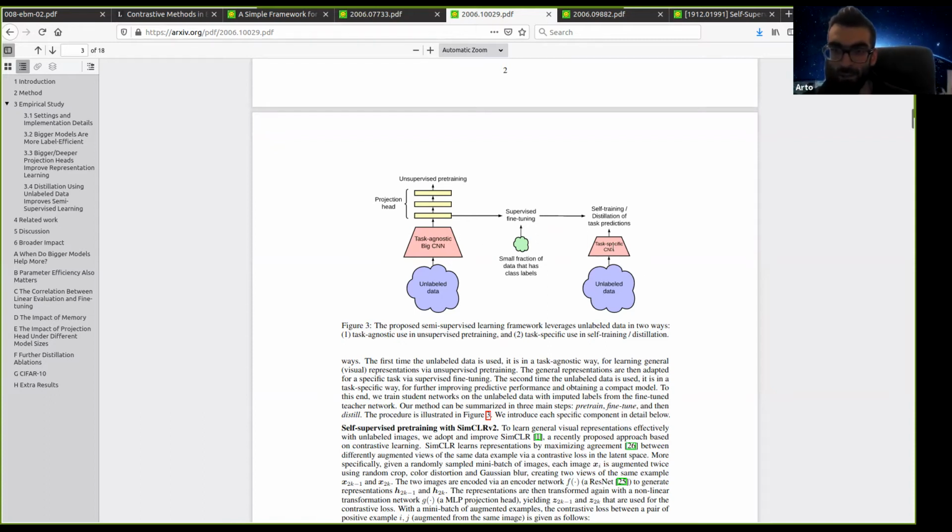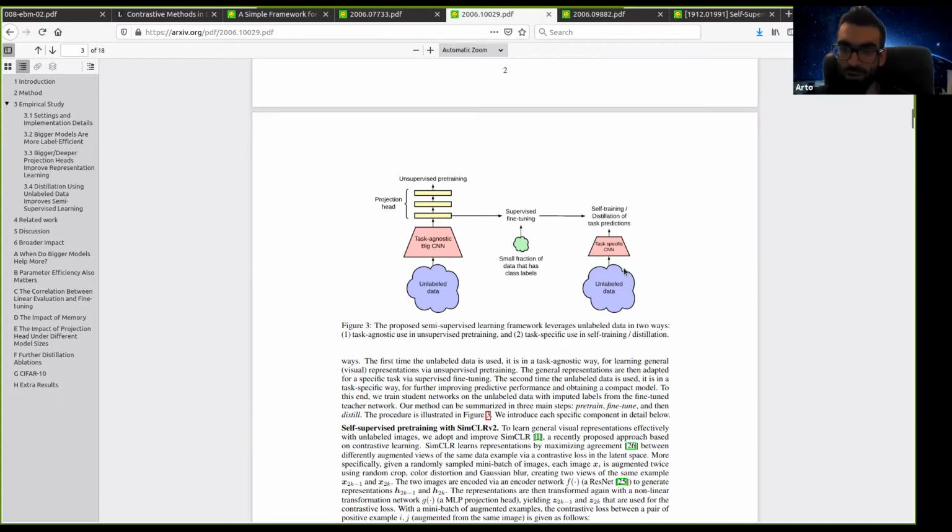And then we do the third stage, which is called self-training or distillation. So we can take either a smaller model or a model of the same size as we pre-trained. And then we use the scores this fine-tuned model produces for all the data we have, or a large part of the unlabeled data.